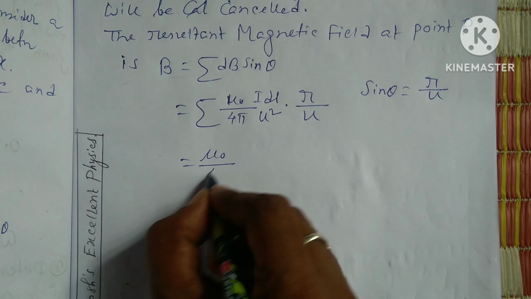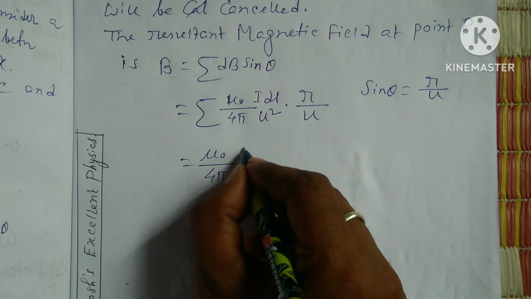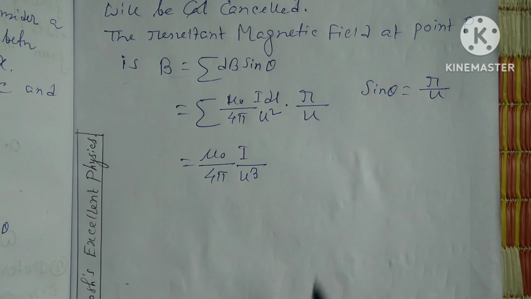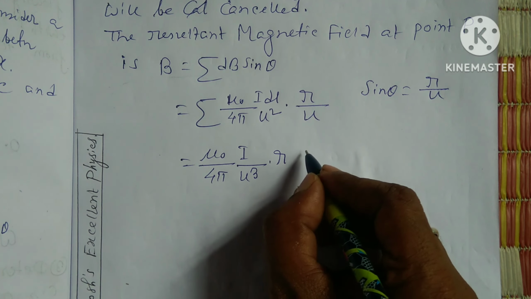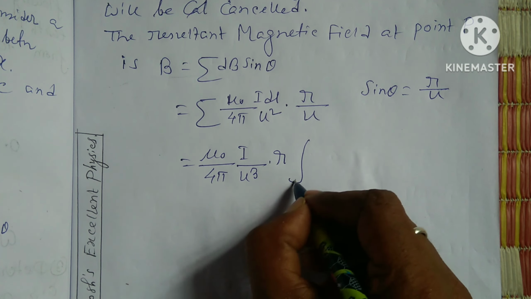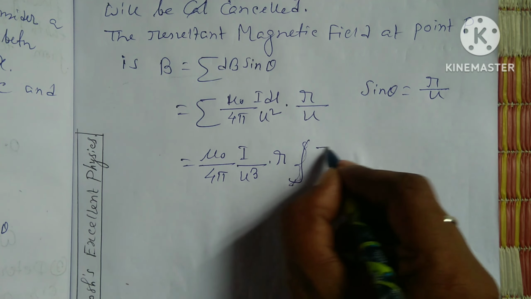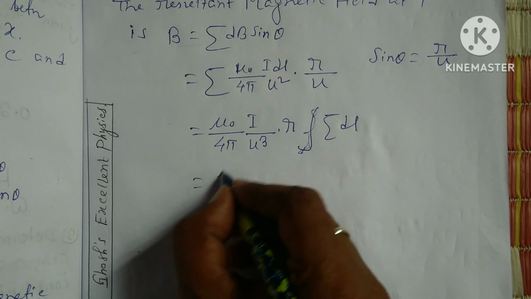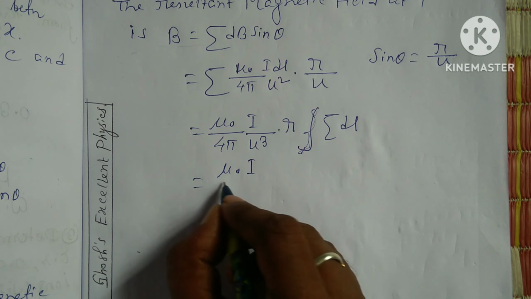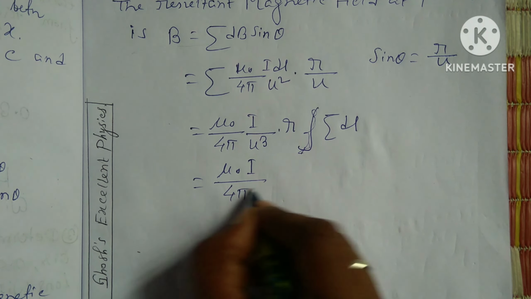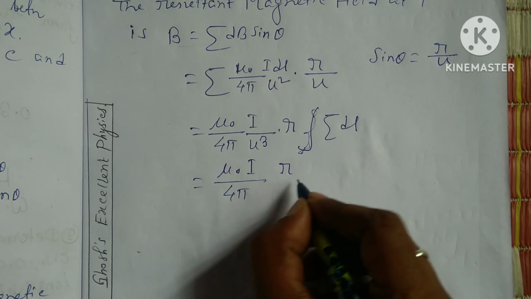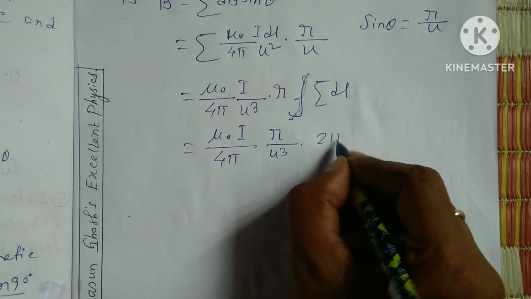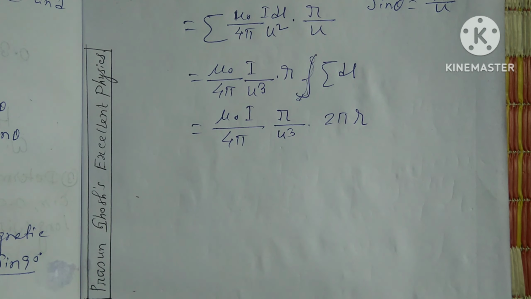So mu 0 by 4 pi, this is I into r by u cube, summation of dl. Then we can write mu 0 I by 4 pi, r by u cube, into 2 pi r.